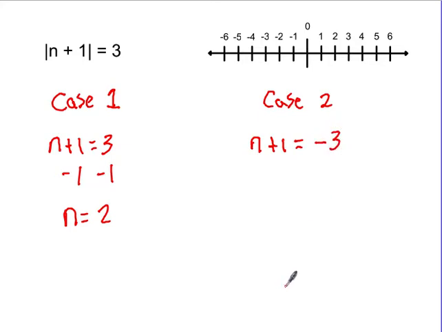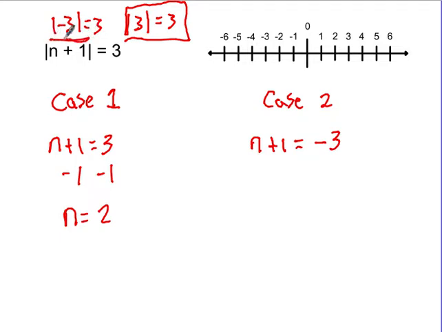Because think about it, I want this to either come out to be the absolute value of -3 equals 3, or I want it to be the absolute value of +3 equals 3. Does that make sense? So I've solved this one. Now I need to solve this one. So I need to do n plus 1 equals -3, subtract 1, n equals -4.